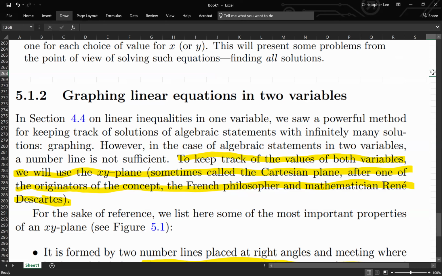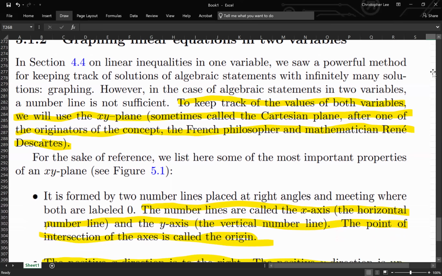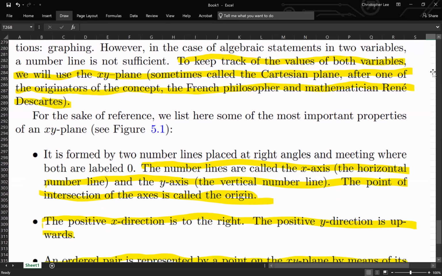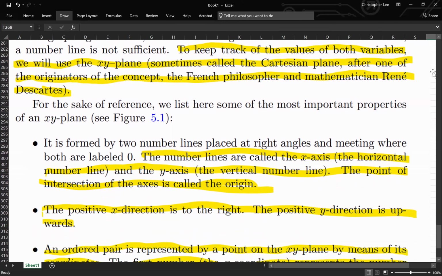To keep track of the values of both variables, we will use the xy plane, sometimes called the Cartesian plane, after one of the originators of the concept, the French philosopher and mathematician René Descartes.